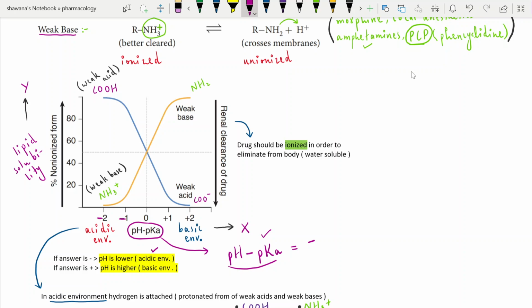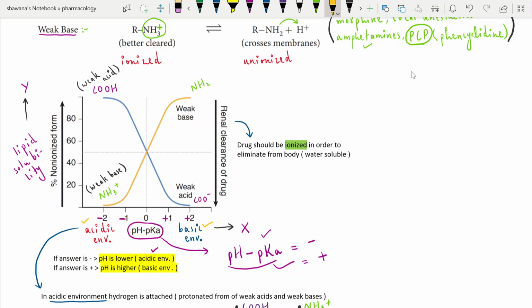If the answer of this term is positive, it means that pH is higher and pKa is lower. So pH is higher means a basic environment, here +1 and +2. So it is a more basic environment, and there was a more acidic environment.